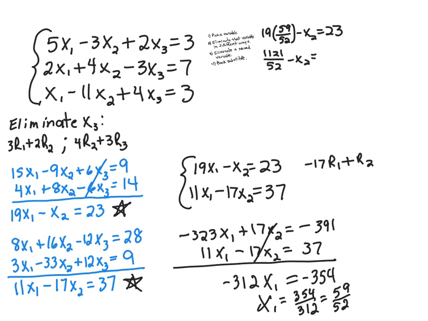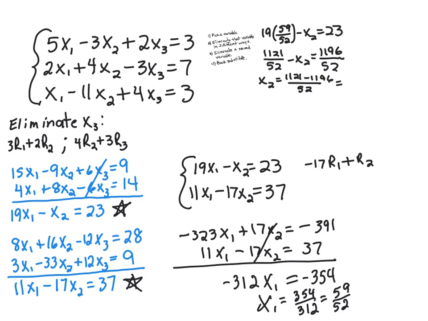And I'm going to need a common denominator, so I'm going to multiply 23 times 52, and that's going to give me 1196. So x2 is going to equal 1121 minus 1196. Everybody's over 52. Once we get that, we'll see if we can reduce it.